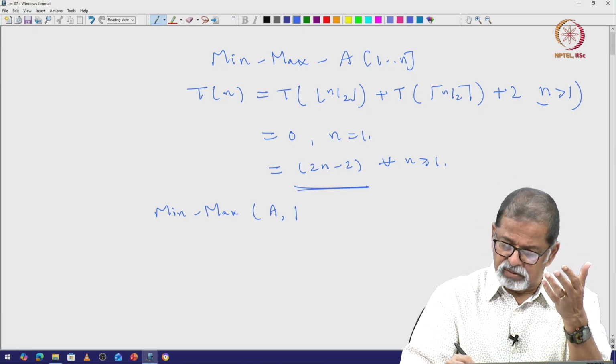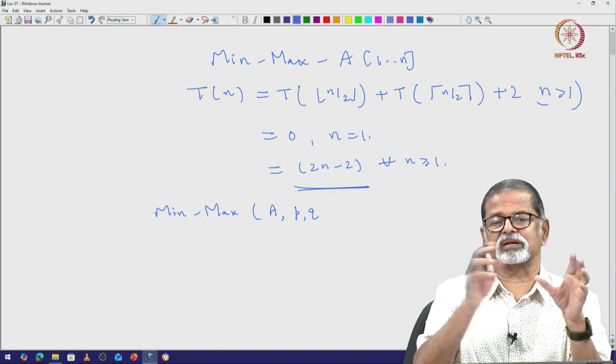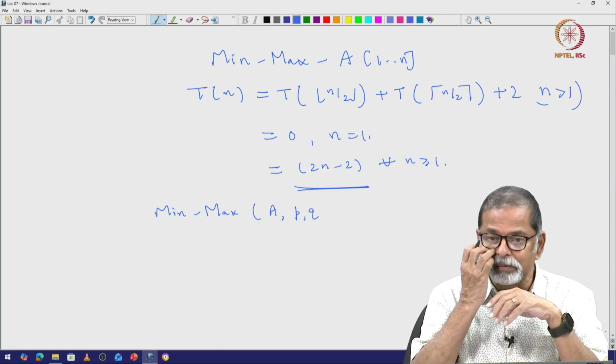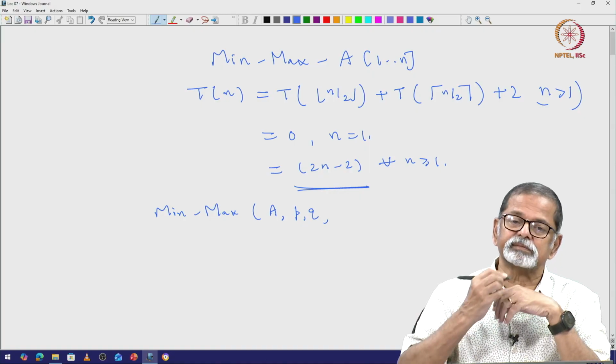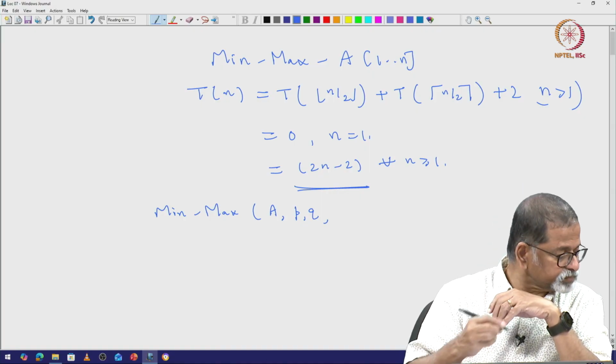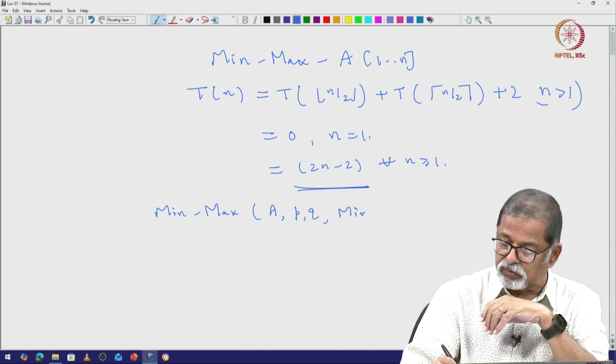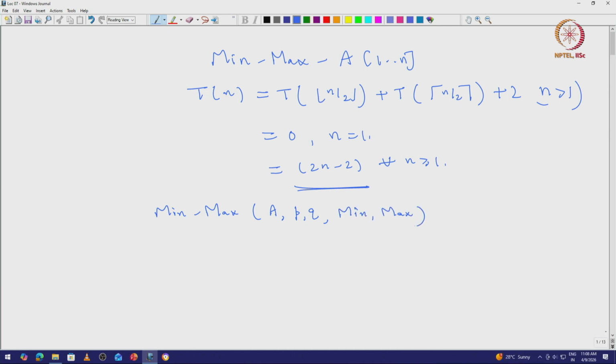So we will use the bounds P and Q for specifying a subarray, and we call the output min and max. Suppose you want to solve the problem on an array B of size 2000. You are going to call this as MinMax B, 1, 2000, min, max. You can call it as min B, max B, and so on. It's a very generic pseudocode.